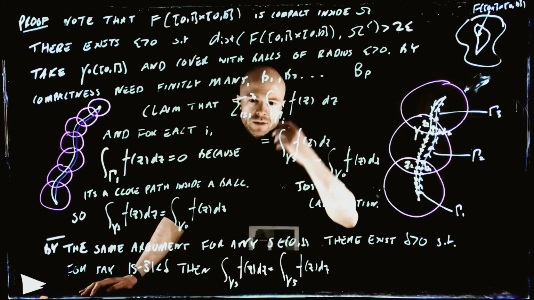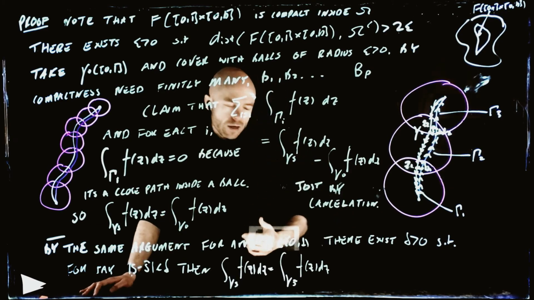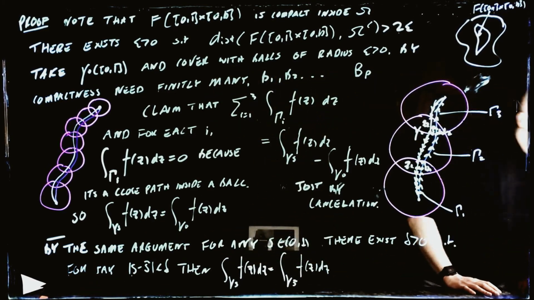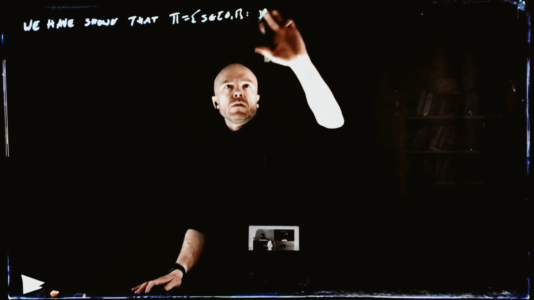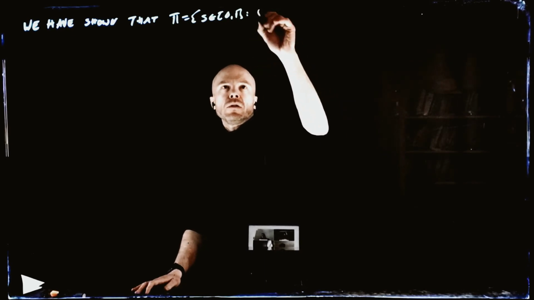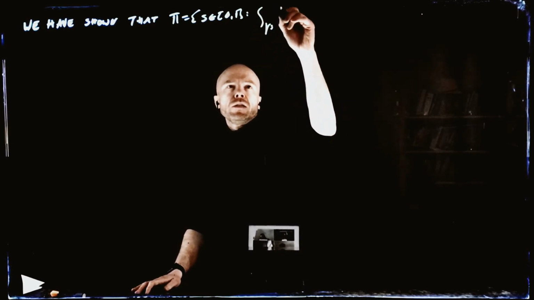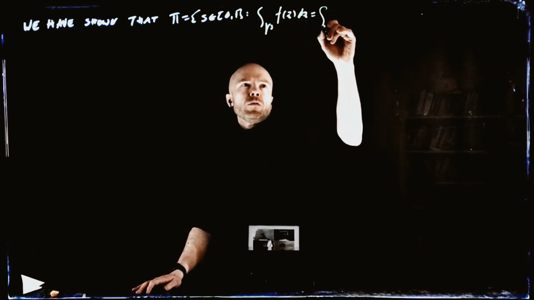I'm going to raise the board. Tell me how we complete the proof when the board is raised. Well, as soon as you can, actually. So we have shown that, let's call this pi, which is the set of s between 0 and 1 such that the integral over gamma of s of f of z dz equals the integral over gamma of 0.